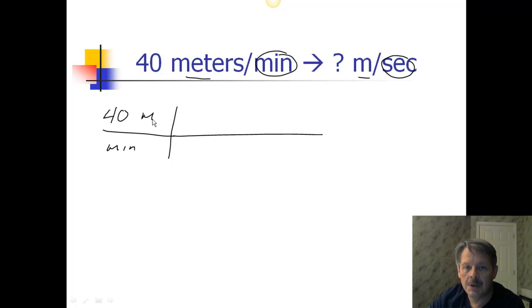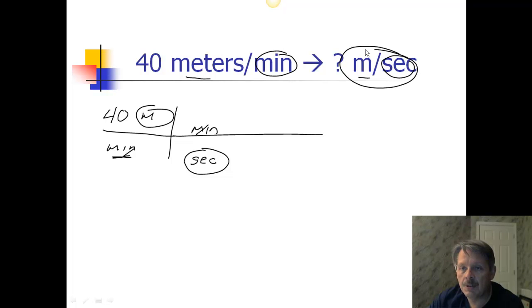I have meters on top, and I want to stay with meters, so I ignore them. But now what I'm doing is I want to get rid of minutes. So to get rid of minutes, I have to cancel them. That means they have to go on top. And I'm trying to convert to seconds on the bottom, so that my minutes can cancel. And I'm left with meters per second, which is exactly what I want as my final units.